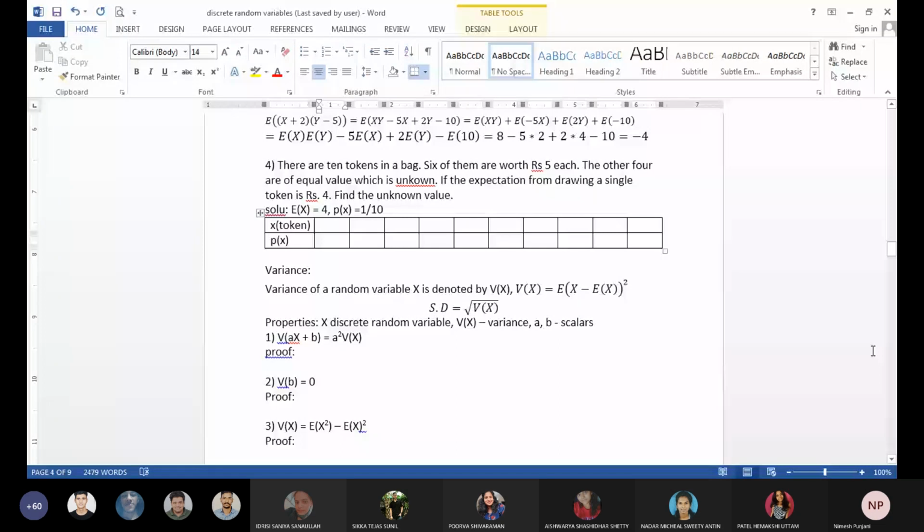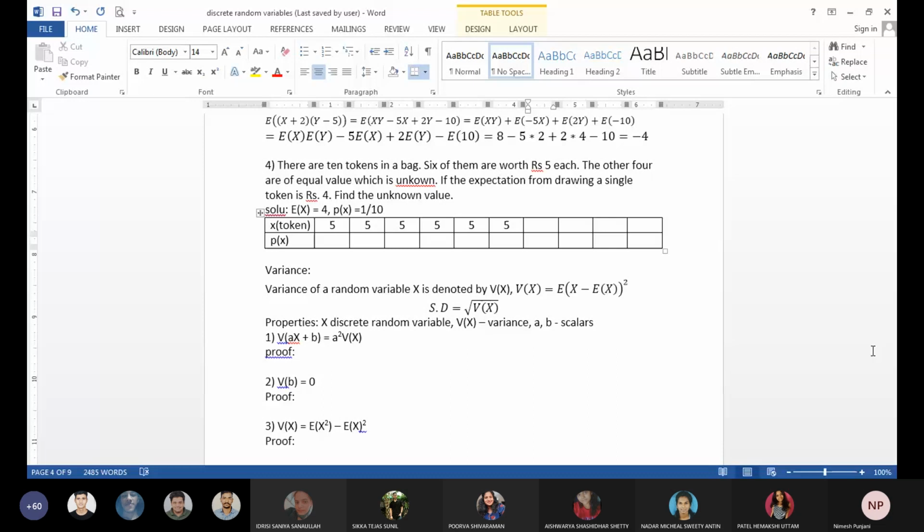So now we make a table of this form where we will write down the value of each of the tokens and the value of P of X, that is its probability. So there are 6 tokens of rupees 5 worth each, right? So we will write down 5, 5, 5, 6 times.